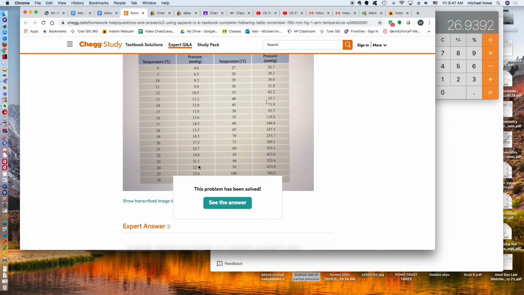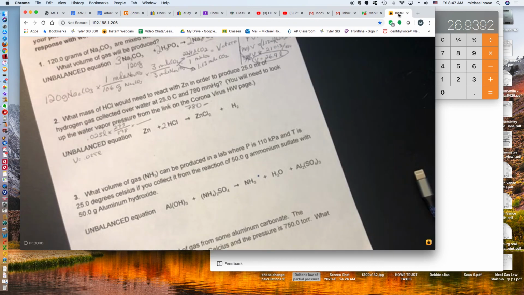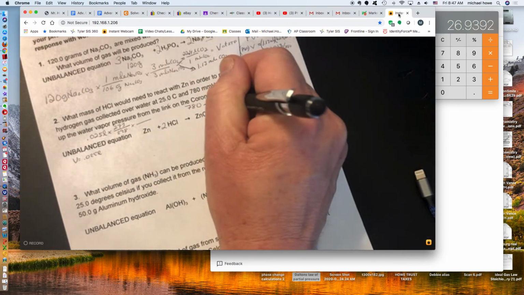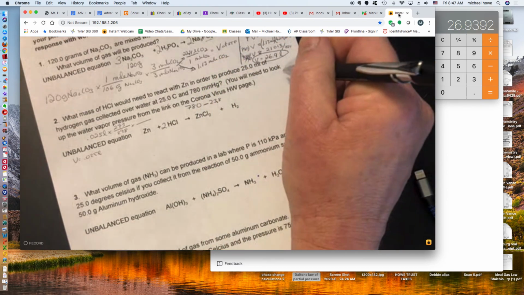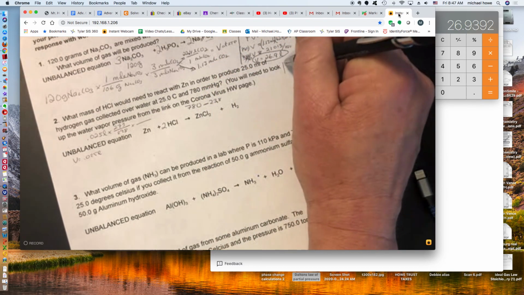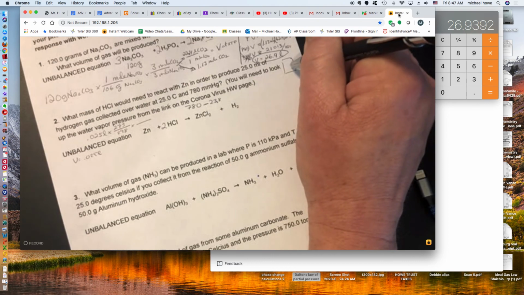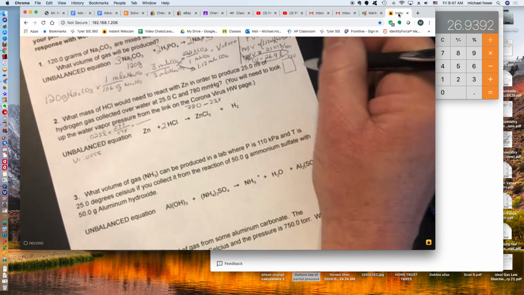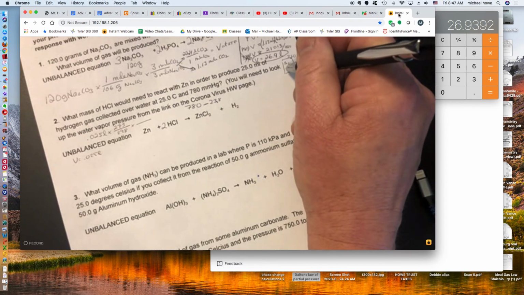So our actual pressure in the problem will be 780 minus 23.8. Since it's collected over water, we need to subtract the water vapor pressure. And what that means, again, is that if you have a gas in a container, the total pressure is 780. In this case, it's hydrogen and water vapor that make up the pressure.